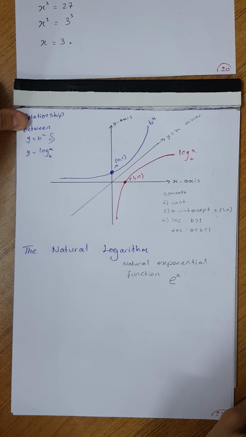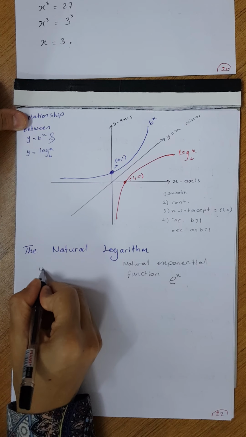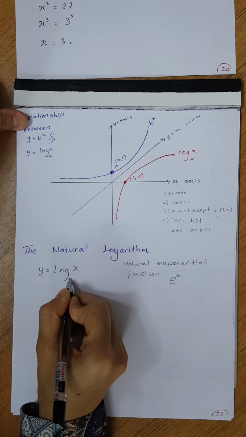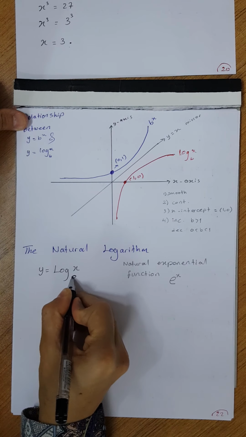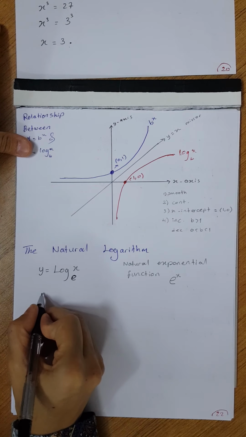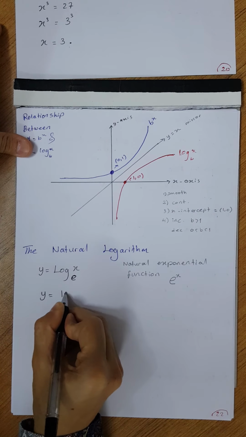Here we have the natural logarithmic function. We know that a logarithmic function is logarithm of x with the base b. But if I make that base something special, if I give e as the base of the function, I will call that function ln of x.